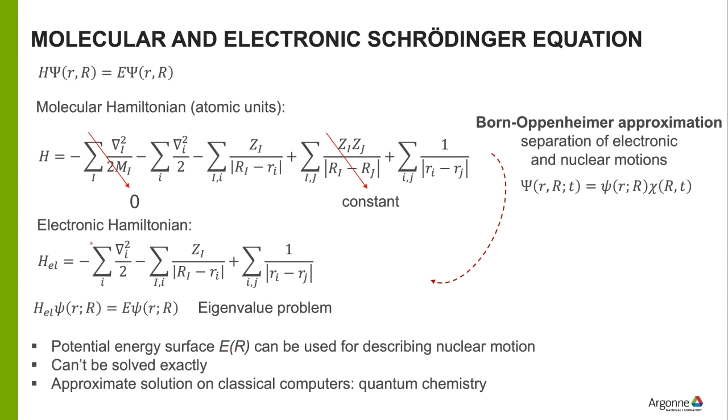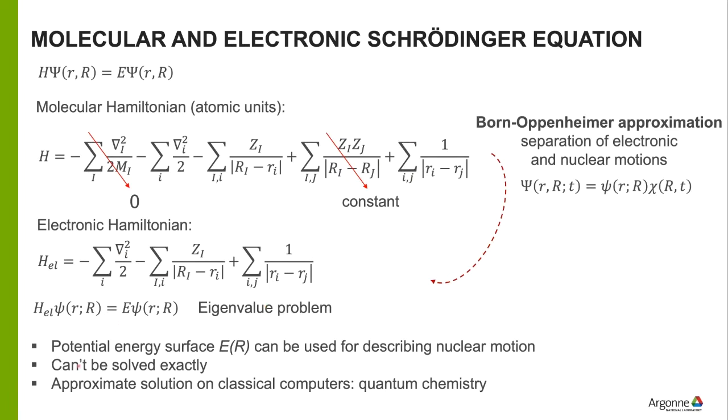So even though this is an easier equation to solve, it still can only be solved exactly for hydrogen-like atoms with 1 electron. So quantum chemistry deals with the approximate solution of this problem on classical computers.